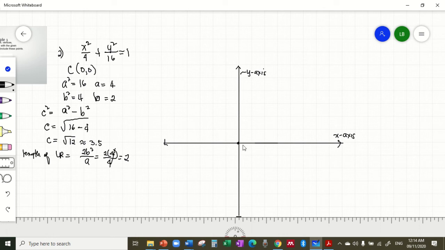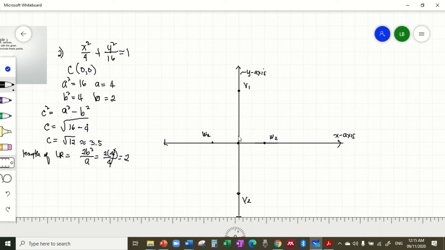So the ellipse is vertical. So from here, 1, 2, 3, 4 is our vertex 1, is our vertex 2, and then from 0, 0 or from the center, we have b equals 2, 1, 2. So this is our W sub 1.